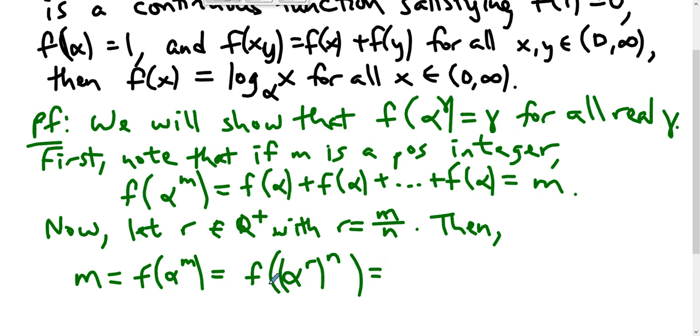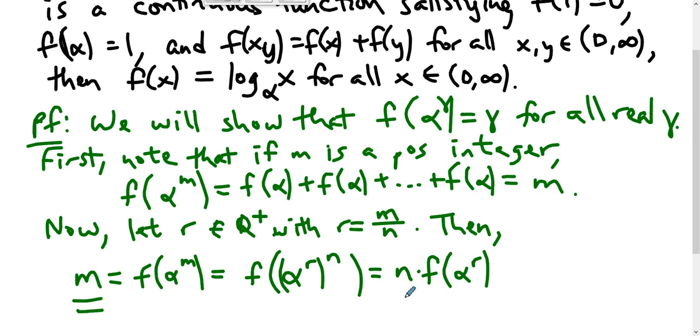Well, how do we get this? n is a positive integer. And because n is a positive integer, this tells us that this is n times f of alpha to the r.